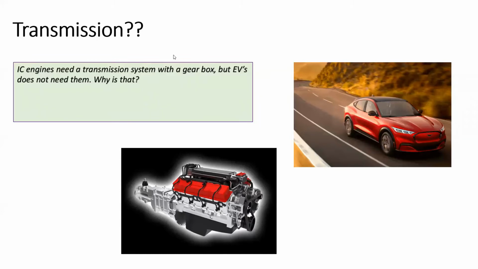So if we consider the tractive effort the vehicle has to put on in order to move, and we try to draw it as a graph, the graph will come like this.